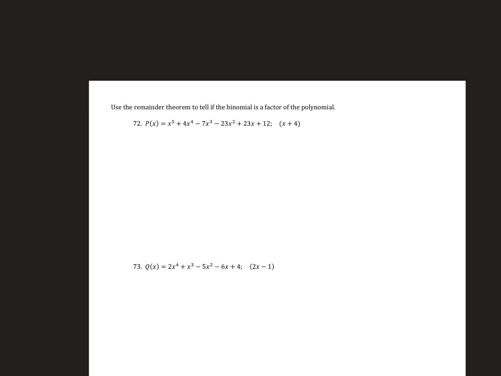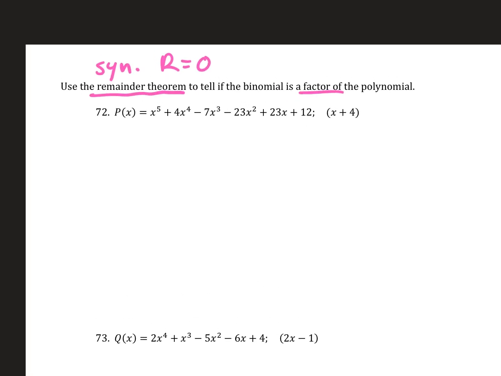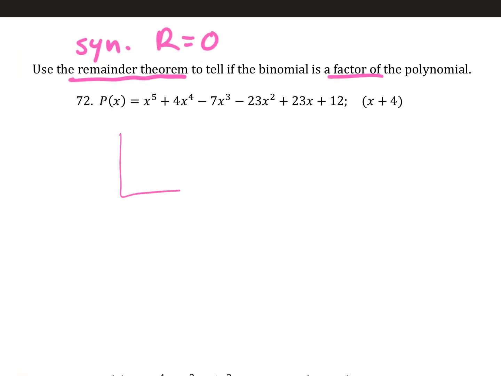72 and 73, use the remainder theorem to tell if the binomial is a factor of the polynomial. We use our remainder theorem, which is synthetic division. And we want our remainder to be 0 if it is a factor. So let's do 72. Always when you plug in your numbers, make sure you're not missing any terms. We have 1, 4, negative 7, negative 23, 23, and 12. Outside the box, we have negative 4.